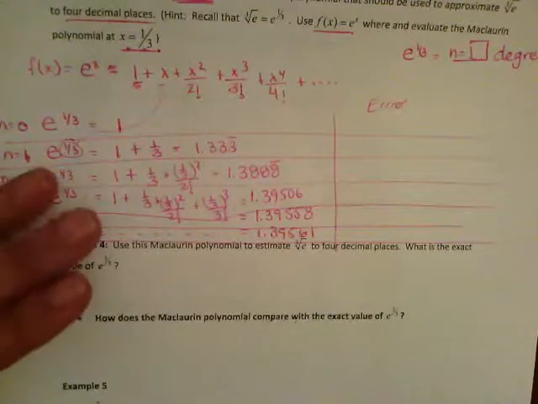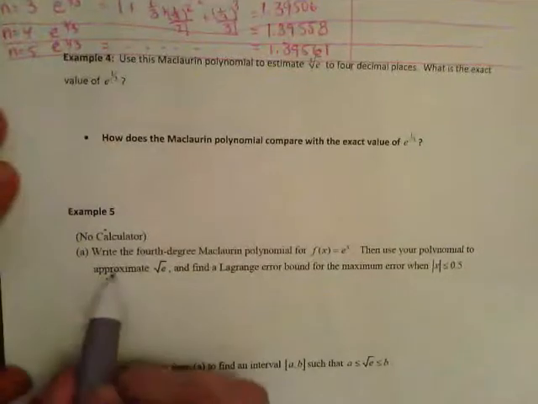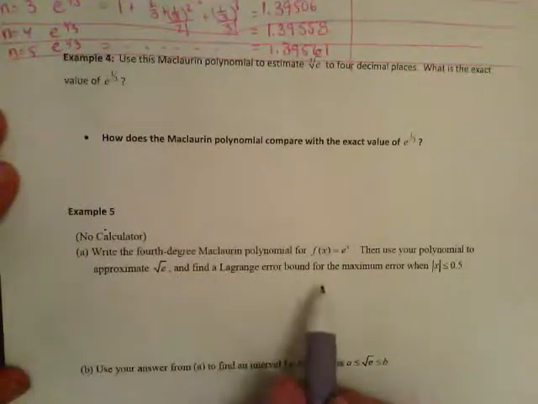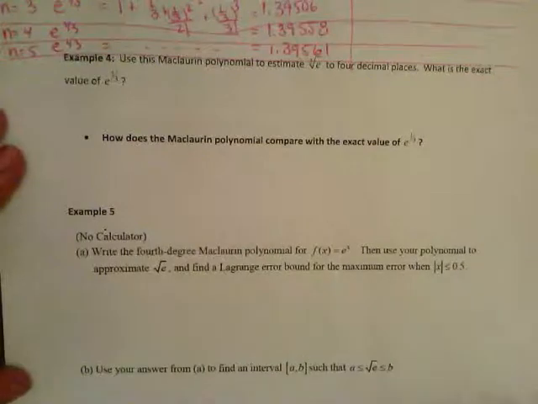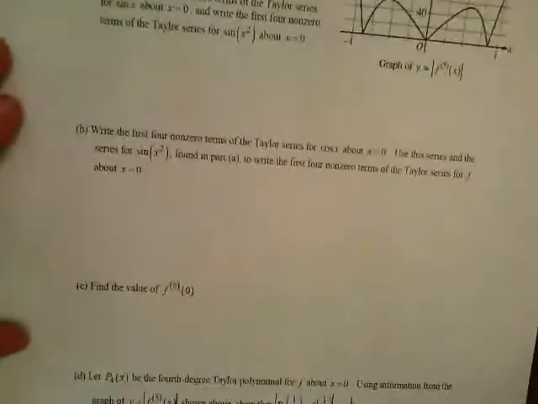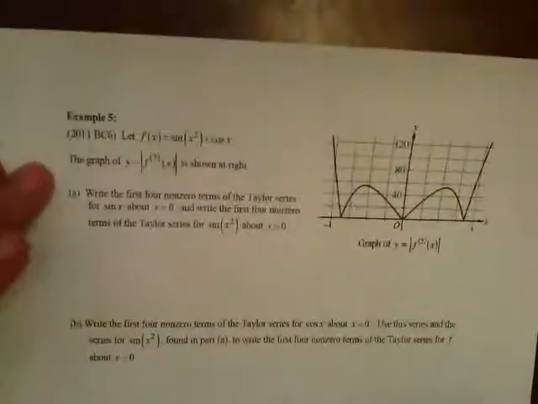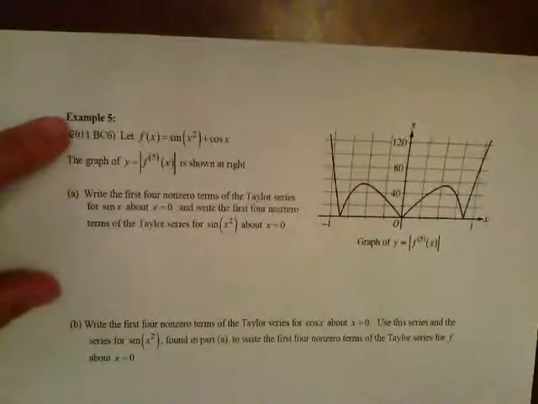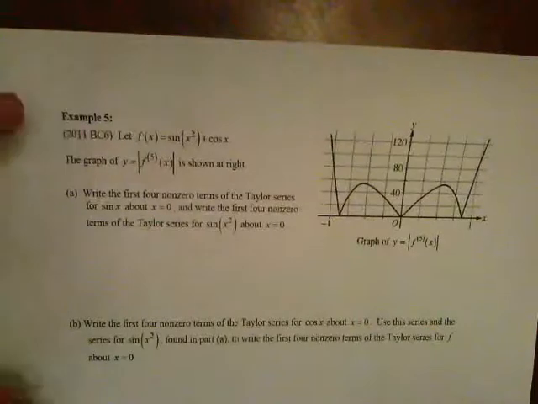And if you notice, the next problem is actually very similar, but it asks it a different way. So let's leave examples 3, 4, 5, and 6 for part 2, and then we'll do this one together in class. The last example, I know it's called example 5, but it's supposed to be example 7, because this was from the 2011 BC exam.